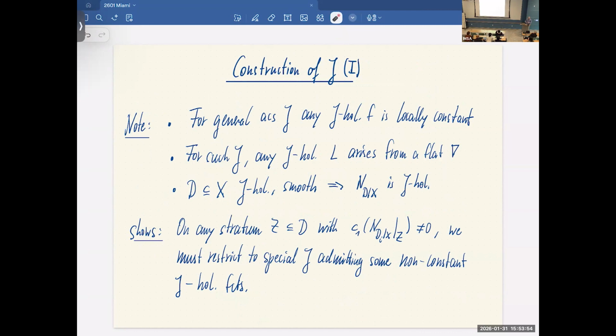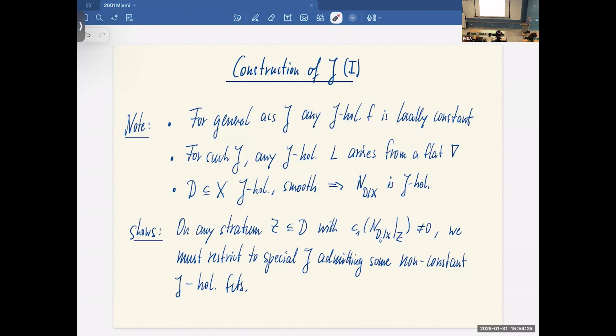And whenever you have a smooth J-holomorphic divisor, you get a J-holomorphic structure on the normal bundle. So it's not only that you need a function locally, it percolates down to the deeper strata. If you have these J-holomorphic functions defining even a smooth divisor, you would also get something J-holomorphic, namely the transition functions for this N_D over X.